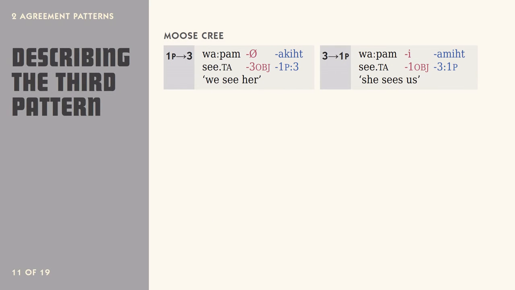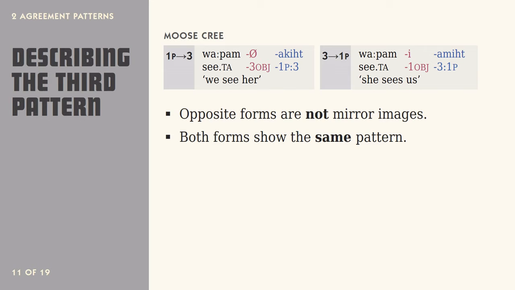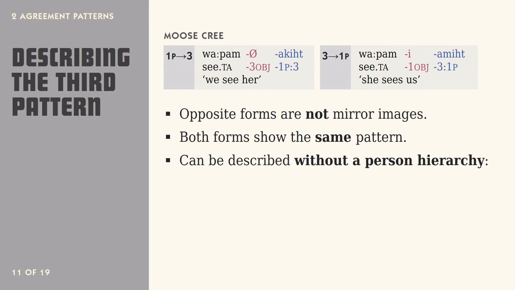If we consider the Moose Cree pattern on its own, rather than trying to shoehorn it into the direct and inverse categories, what do we need to say about it? First, we're not dealing with mirror image forms here, unlike in the direct and inverse contexts. Both of the forms show the same pattern. And, unlike in the direct and inverse contexts, the pattern can be described without reference to the person hierarchy.